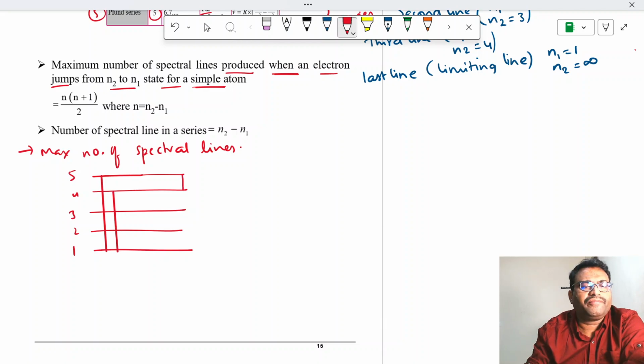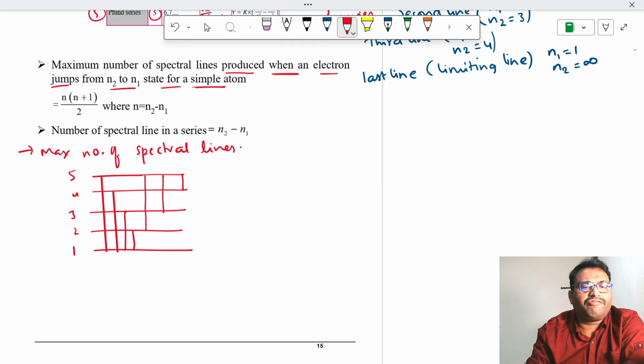Or 5 to 3 and 3 to 1. Or 5 to 2 and 2 to 1. Let us see all the possibilities.